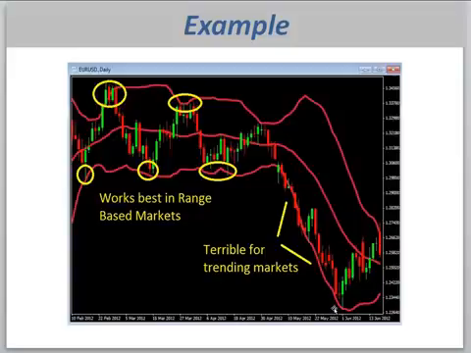Most traders will tell you that Bollinger Bands do best during range-based markets, when markets aren't moving that much and you're stuck in certain ranges. Then Bollinger Bands are awesome. But if there's a lot of news in the market, or a trending market, they will be terrible. As you can see in this chart, the price stayed oversold for a long period of time.